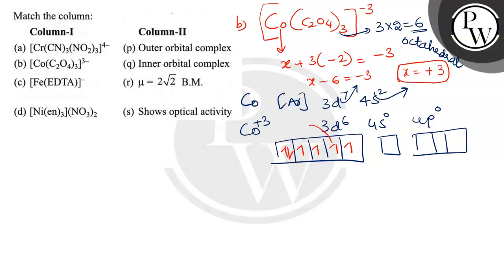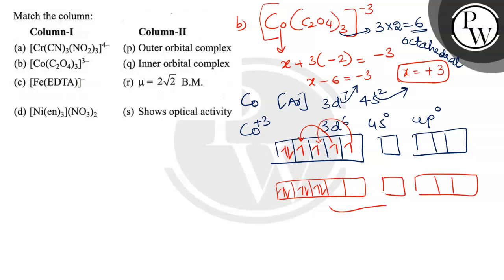So this is paired with this and this is paired with this. As pairing takes place, d orbitals are available for d2sp3 hybridization here. So d2sp3 hybridization means inner orbital complex. Inner orbital complex is matching with the Q.